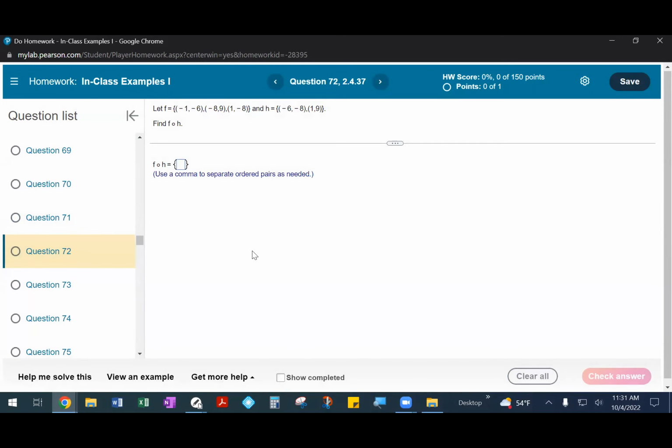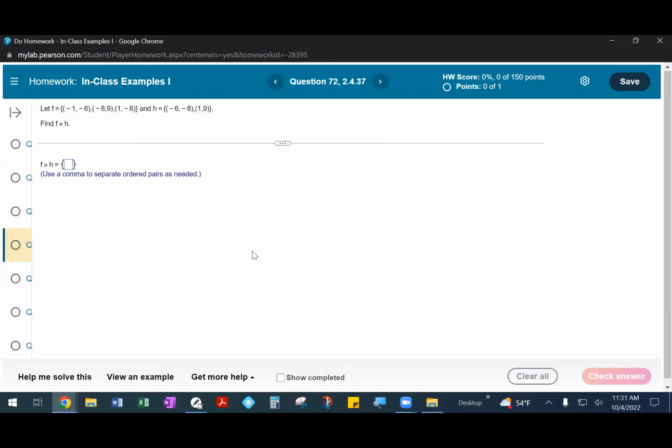Did we do something with set of ordered pairs last time? Did we not? Okay, I thought we had, but maybe we didn't.